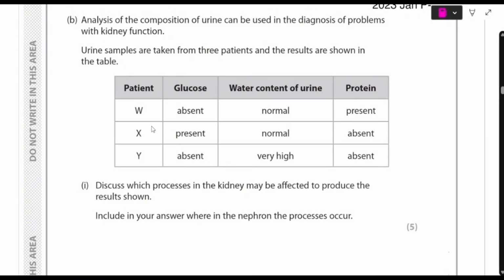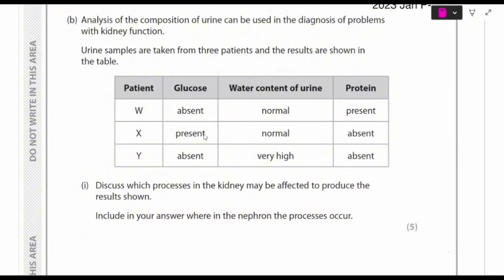Then comes patient X, who has glucose present in their urine, but water content is normal and protein is absent. So their ultrafiltration is normal, but they have glucose present, which is also not normal. Why?